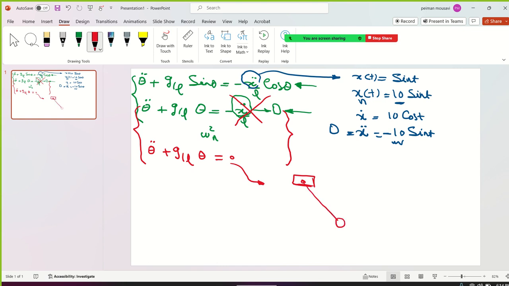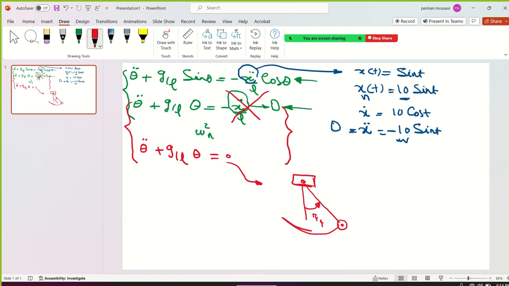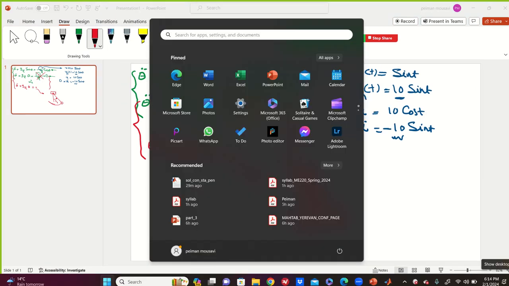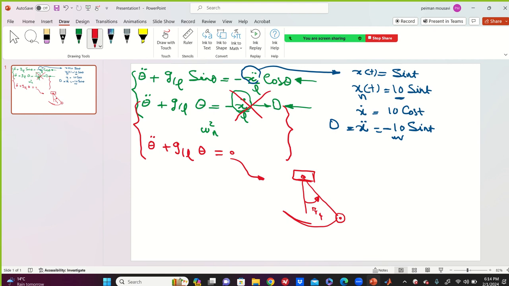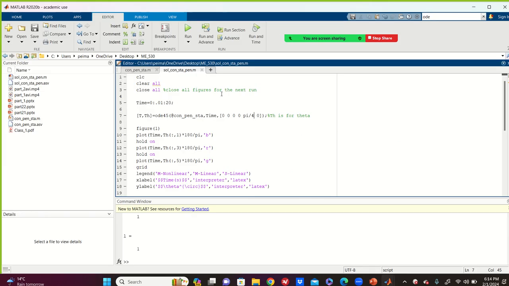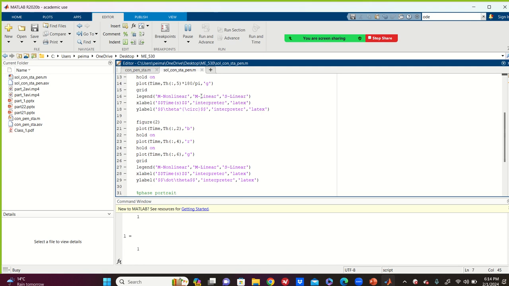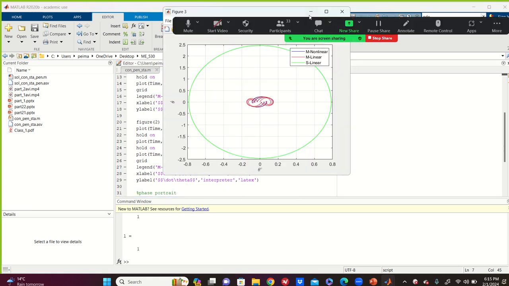So the initial condition is 45 degree, as I told you, and I'm gonna release from here. So we have to have initial conditions, okay, based on gravity. So where are we? Oh, okay. Now it must work. Sorry, guys. Okay, that's fine. Good.